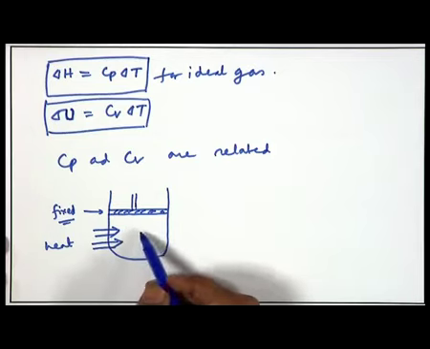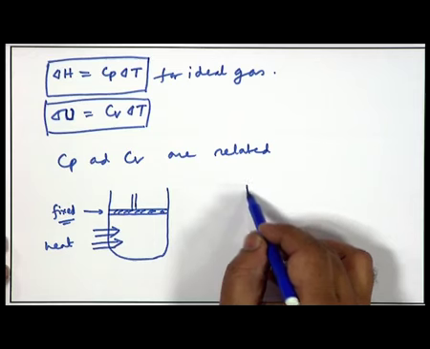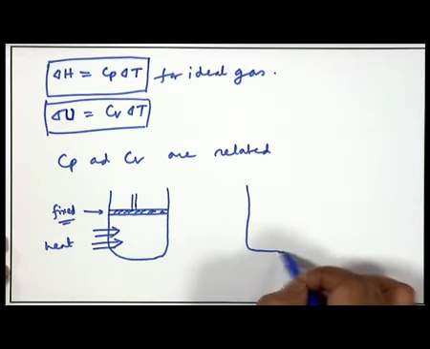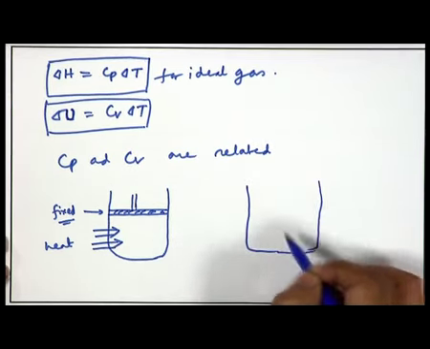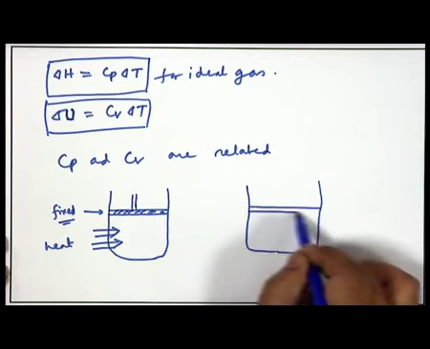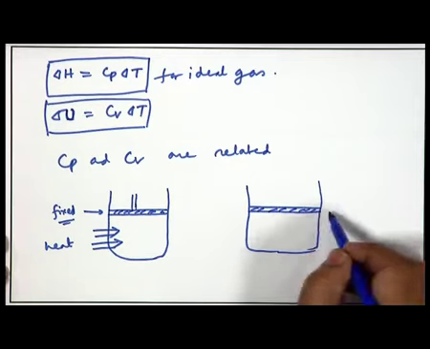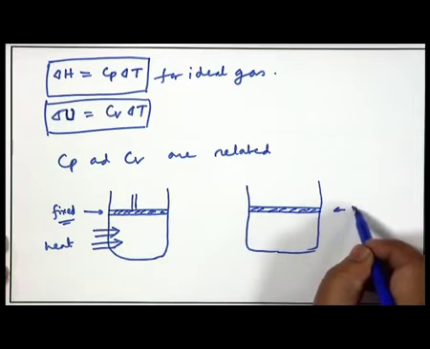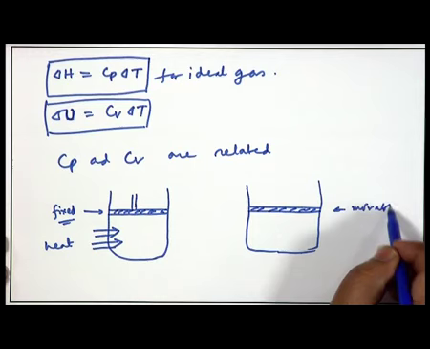But if we do the process at constant pressure, we draw the same thing, but in this case the piston is not fixed, it is movable or non rigid.